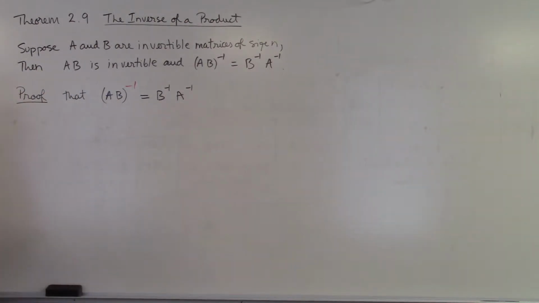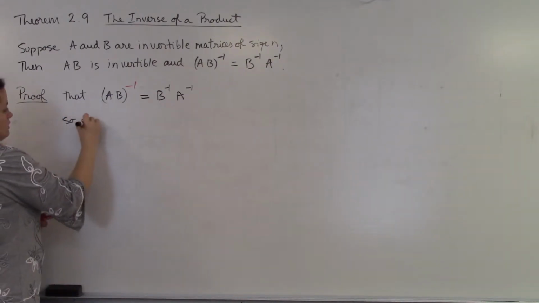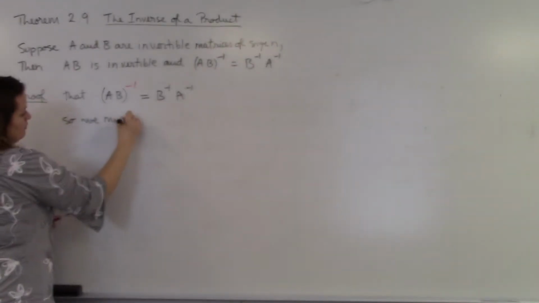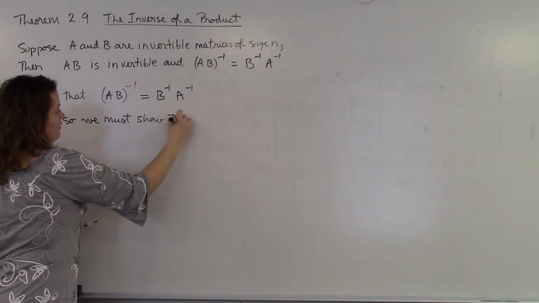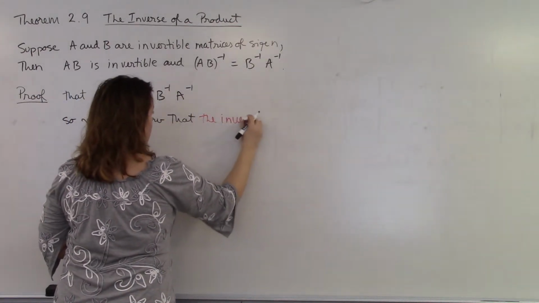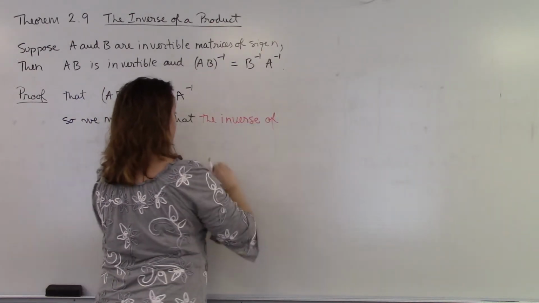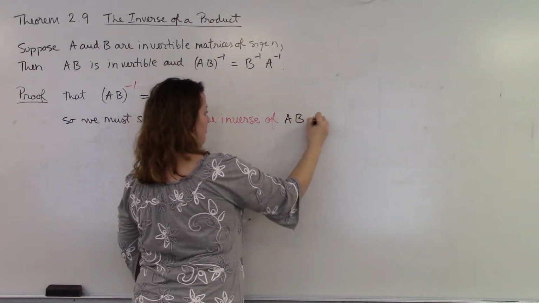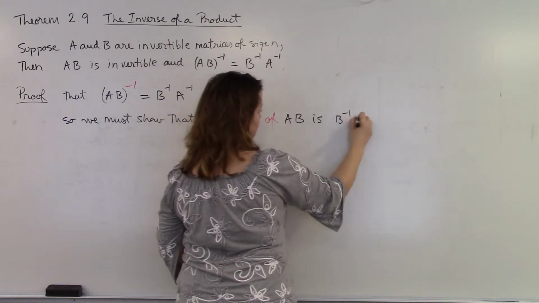Okay, so in other words, we must show that the inverse of AB is B inverse A inverse.